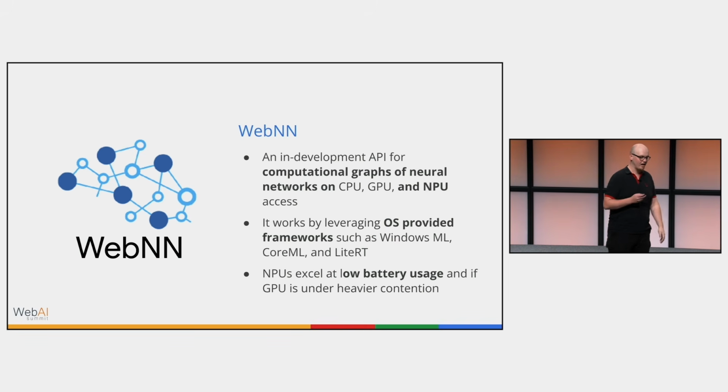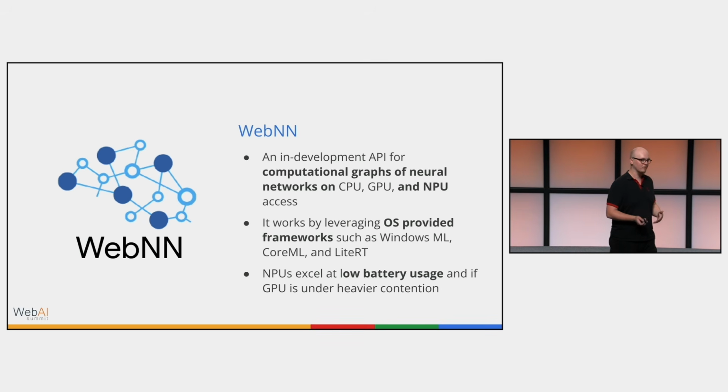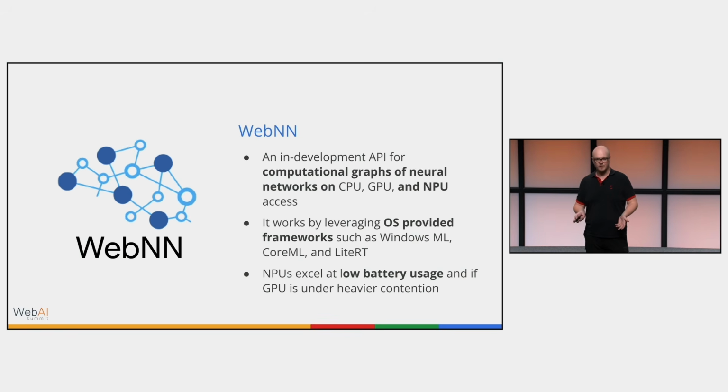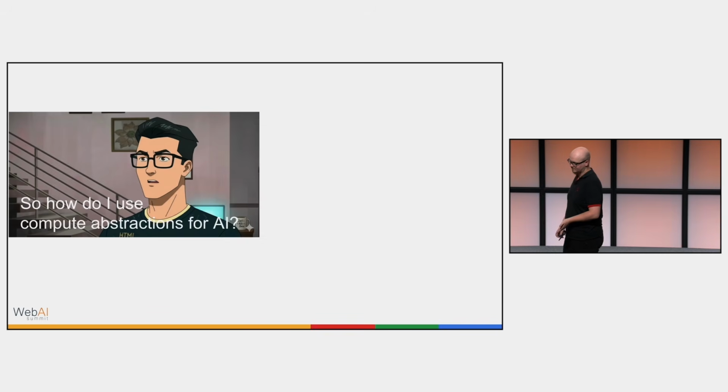And it does this by leveraging the OS-provided frameworks that already do a lot of this work. And so in the example of if you're trying to run WebNN on a Windows device, it'll actually go through Windows ML runtime, which will then further figure out which CPU, GPU, and NPU to use based on the knowledge it has about the operating system.